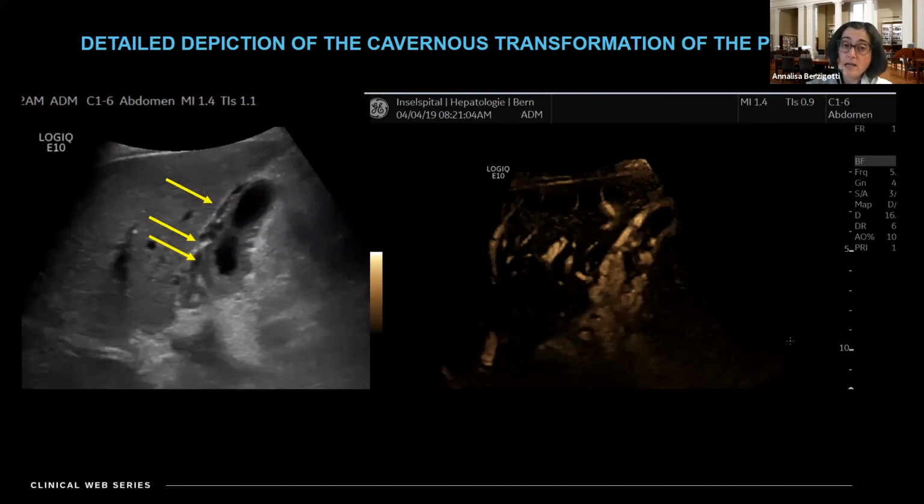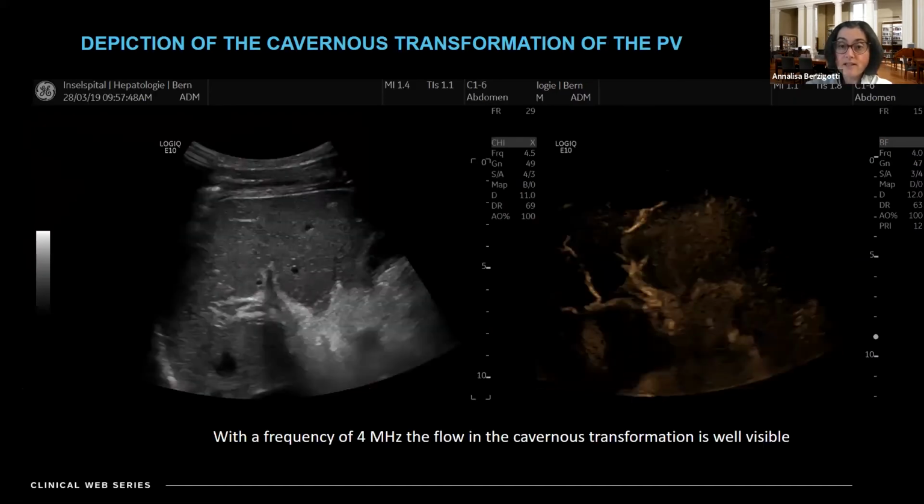You could maybe address it also with color Doppler, but I think that the detail you get with this technique is excellent. The depiction of the cavernous transformation is excellent. You can also guess that there is a dominant vessel. In the wall of the portal vein, you can see the tiny vessels.